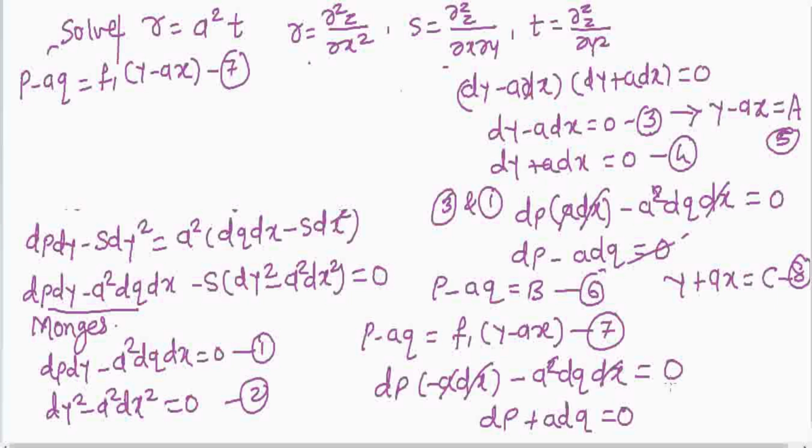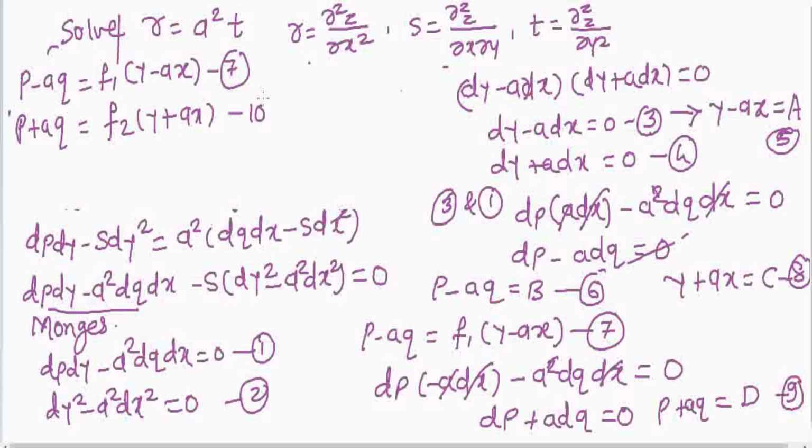Integrating this, we get p plus aq is equal to d, this is equation number 9, and from 8 and 9 we can write another relation, p plus aq is equal to f2 of y plus ax. This is equation number 10.